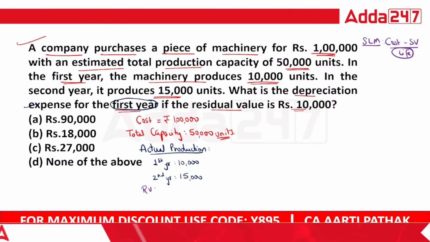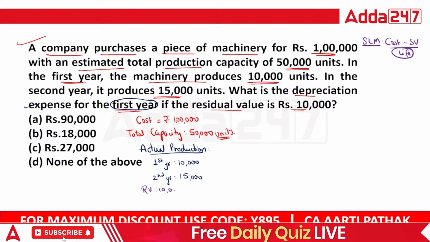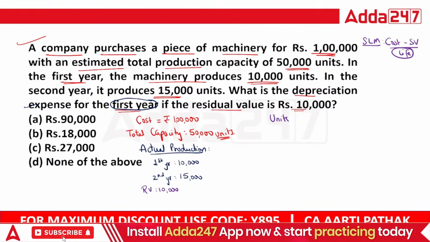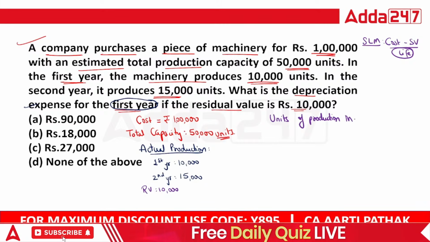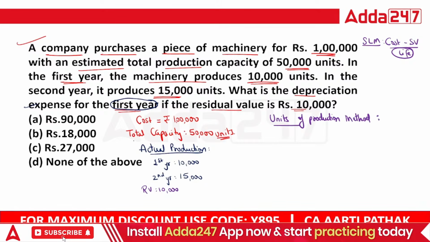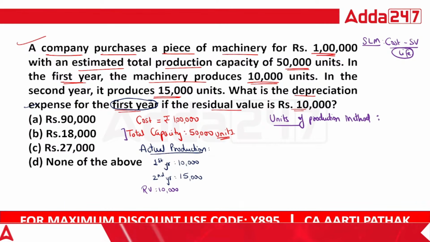Along with this, you have residual value, that is 10,000. So we need to apply the units of production method. Yes, because here we are talking about manufacturing that you have done from this machine.